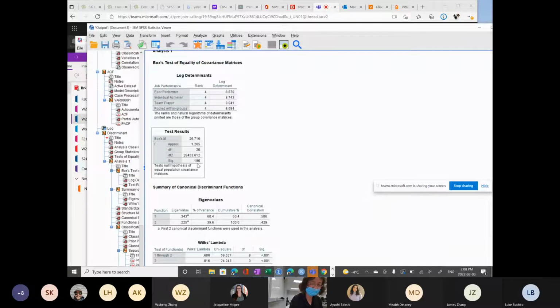When the p-value here is not significant, means they are equal. What is equal? Variance. Okay, variance across groups are equal. So our second assumption is satisfied based on Box's M.